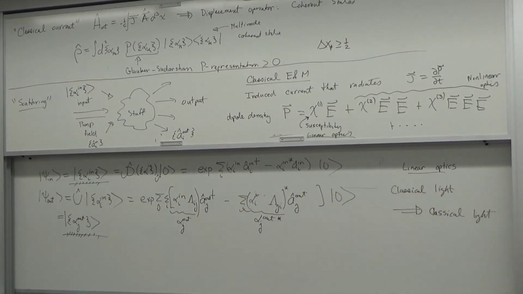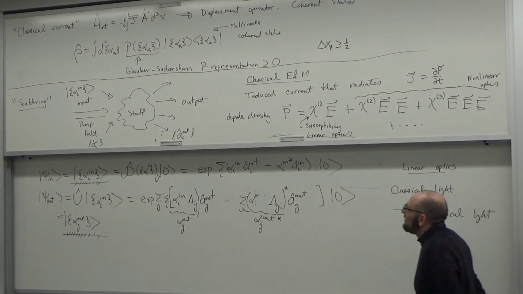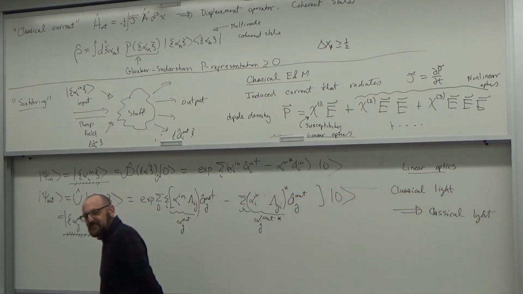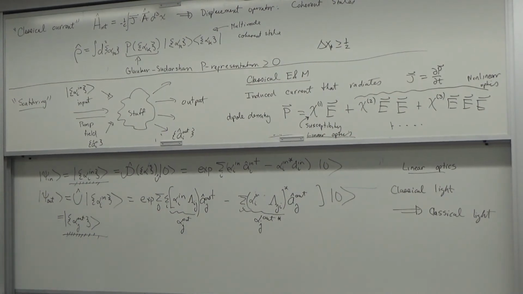Now, I just bring up a little aside here, which is one of the things that's been more shocking in recent years in post-21st century physics, which is linear optics can have surprising power if your input itself is non-classical.